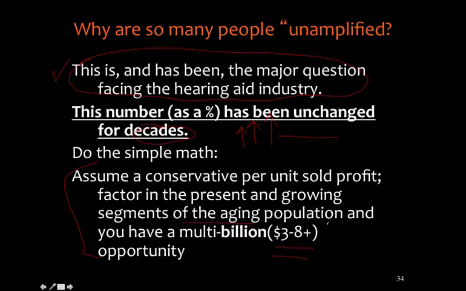There's only about 10 to 12,000 individuals in America who are licensed to fit hearing aids. So if we had a significant increase in the acquisition of hearing aids, it would be a multi-billion-dollar enterprise.